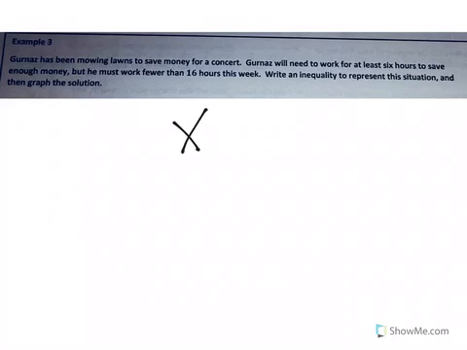Let's put X. We'll say X is how long Gurnaz is going to work, right? When it says he needs to work at least 6 hours to save enough money, at least 6 hours, we can then say, so the time he wants to work, which we're going to represent with X, is greater than or equal to 6, right? Because he has to work at least 6 hours, which is the equal then part, or more.